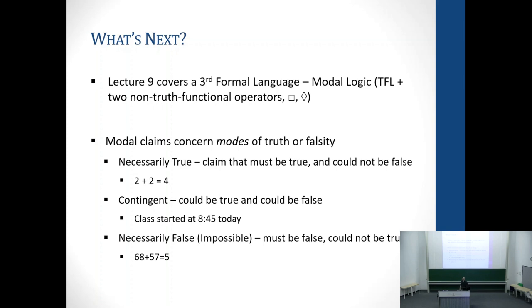We can say that a sentence isn't just true, but it's necessarily true within our language. And similarly, what the diamond is going to do is to let us say possibly. So we will drag some talk from the meta-language, from English, down into our formal language itself. And that will radically increase our expressive capacity.